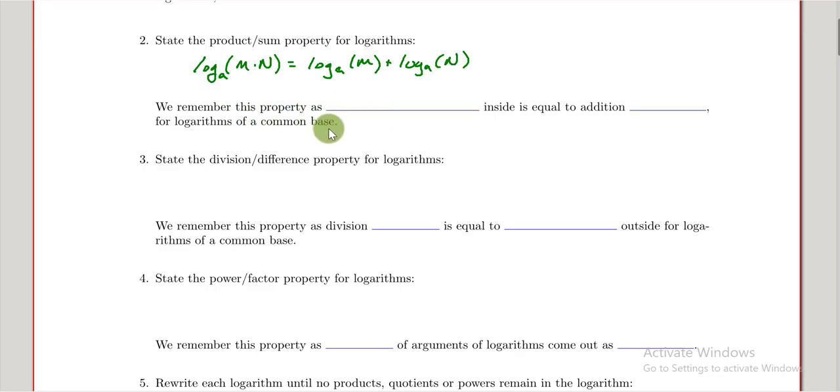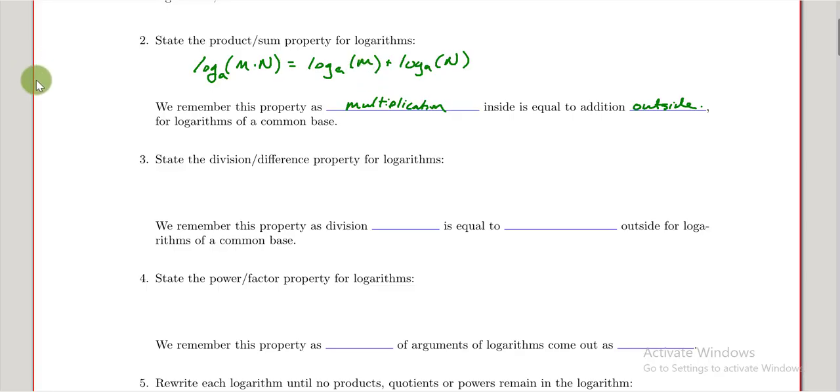So we'll remember this property as saying that multiplication inside the logarithm is equal to addition outside the logarithm. This is true whether I'm using natural log or another base for logarithms. If I have a product inside my logarithms, I can break that product up over the logarithms if I express them as a sum.